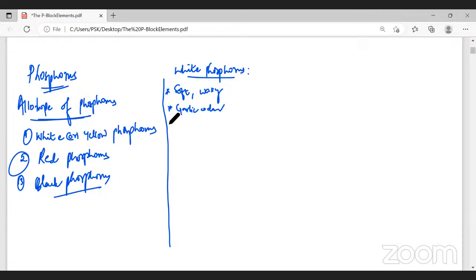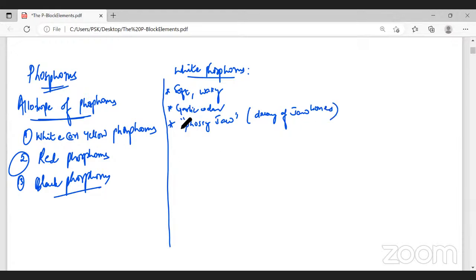Working with phosphorus causes a disease, phossy jaw. It is nothing but decay of jaw bones. That's called phossy jaw.